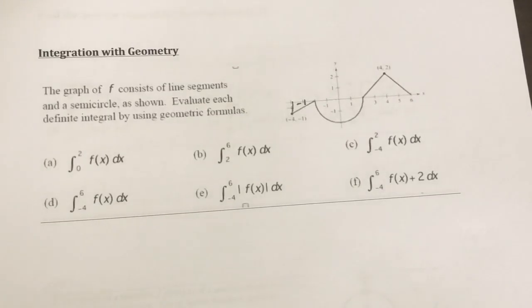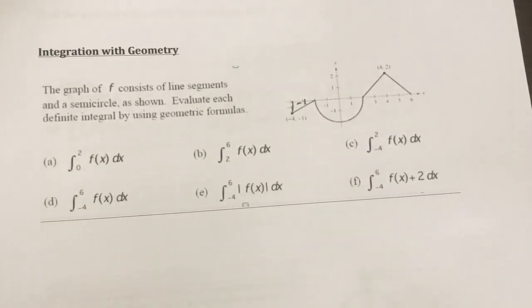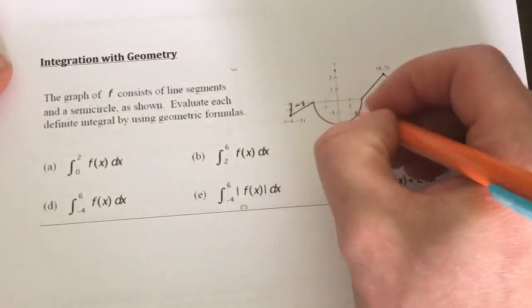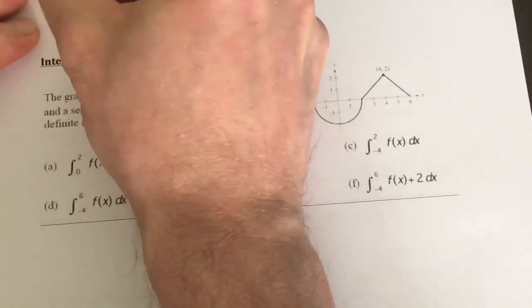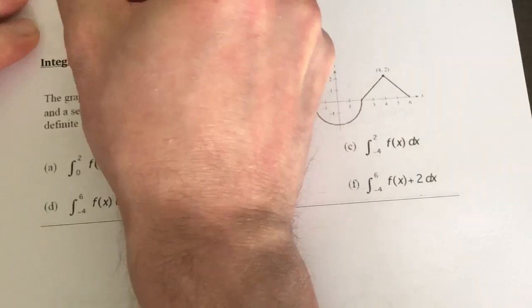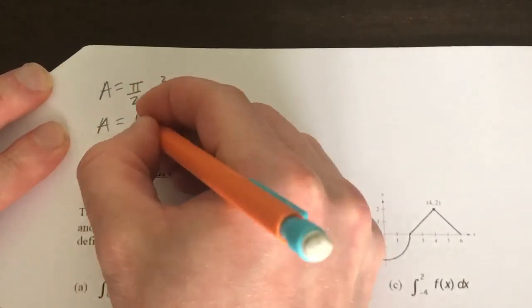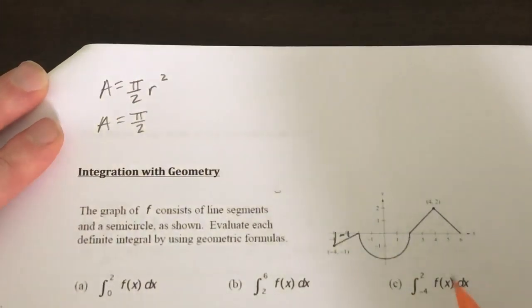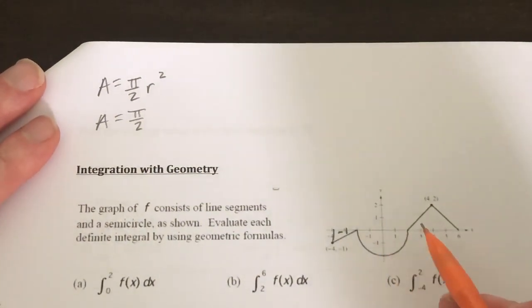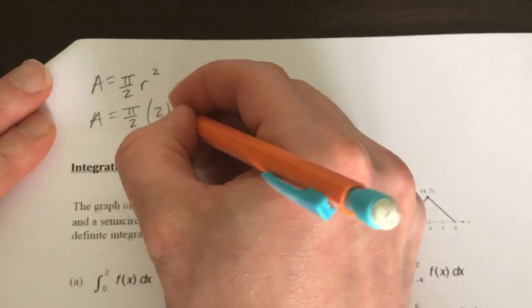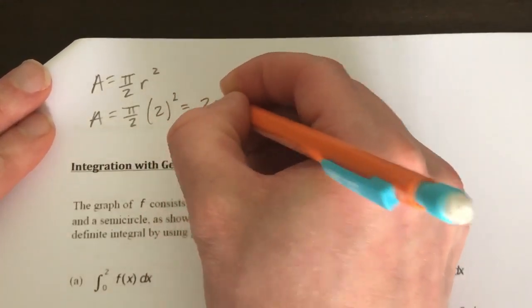Now, you got a semicircle. Okay, so your semicircle is going to be A is equal to pi over 2 r squared. Okay, so pi over 2. Your radius of this portion is going to be 2. So it's 2 pi.